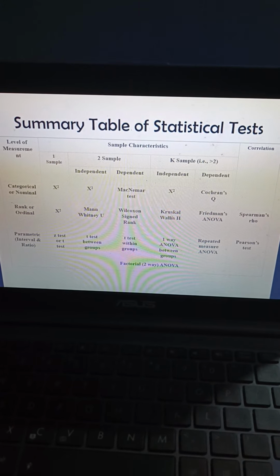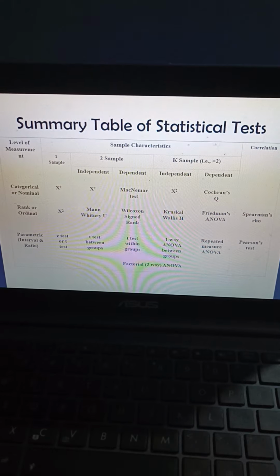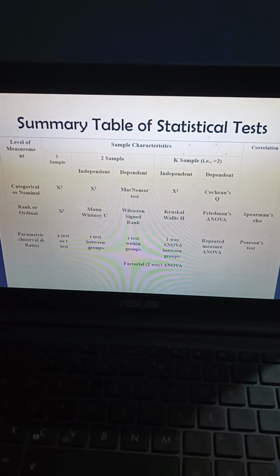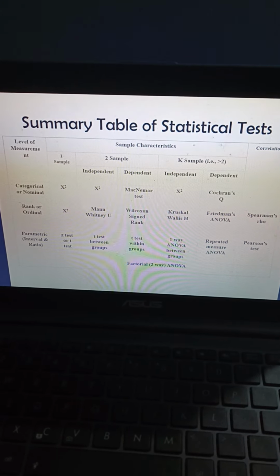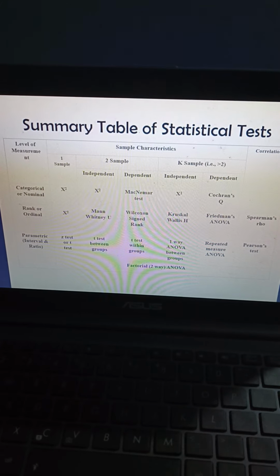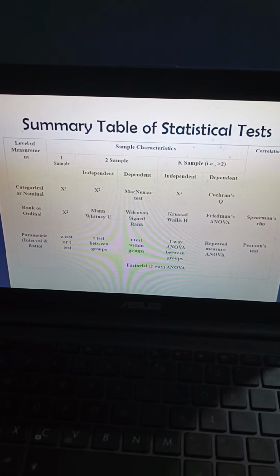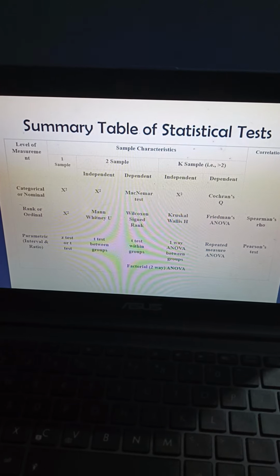The summary table of statistical tests. For one sample: categorical nominal, chi-square one sample; rank or ordinal, chi-square one sample; in case of parametric, you can do Z test or T test, interval and ratio.